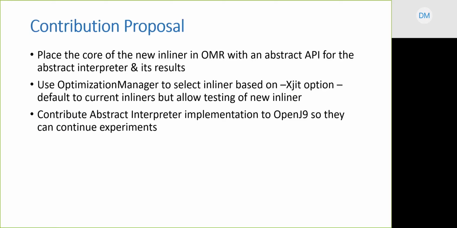And we would look to contribute the abstract interpreter that has been built to the OpenJ9 community so that they could actually continue experiments with this. Follow-on research could be contributed both to OMR and OpenJ9 as appropriate, with as much going into OMR as possible, right? Trying to remove the language dependencies.